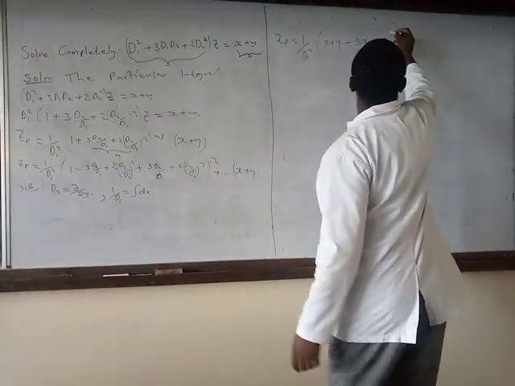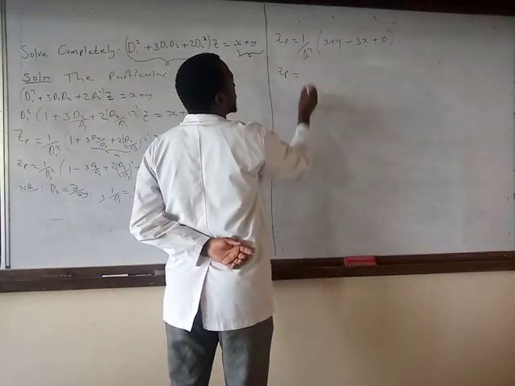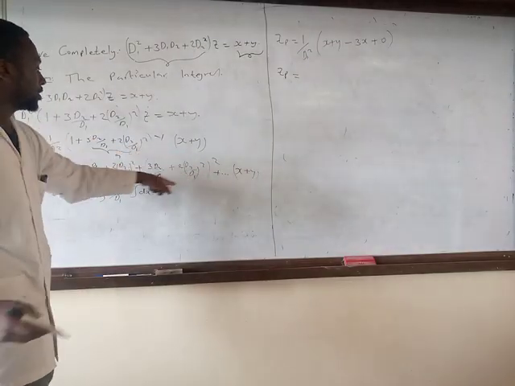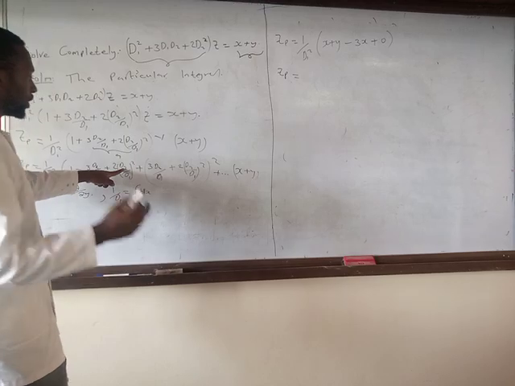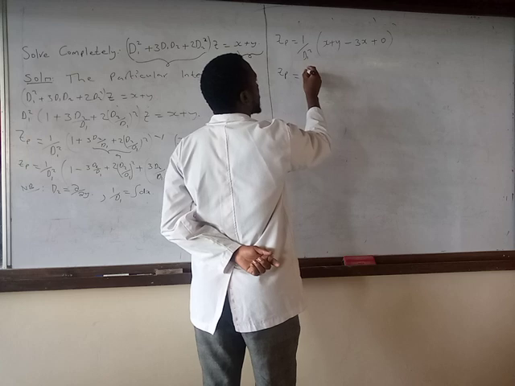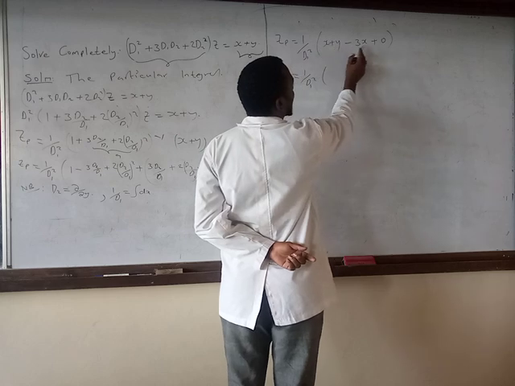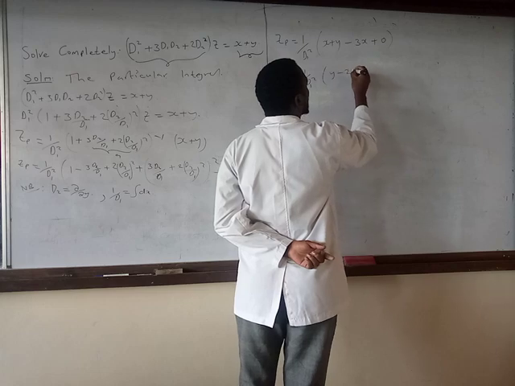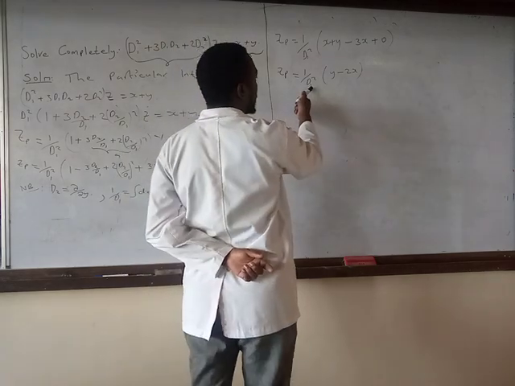You don't have to proceed, because if you differentiate this equation twice, you get 0. So we have 1 over D1 squared of x minus 3x, so you have y minus 2x.